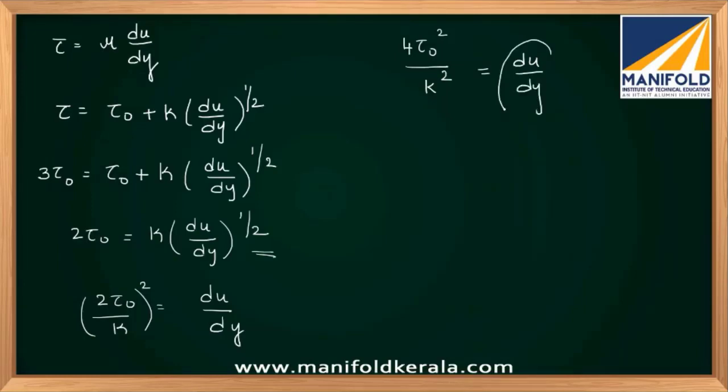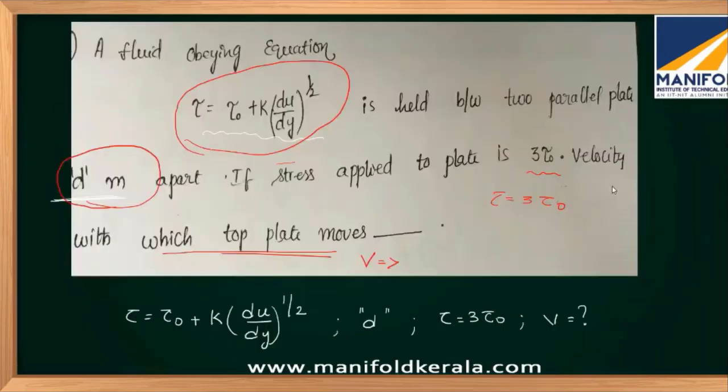We can write this du by dy as v by y also, no? That is 4 tau naught square by k square. When the distance between the flat plates is d, already given to you in the question, these two parallel plates are d meters apart.